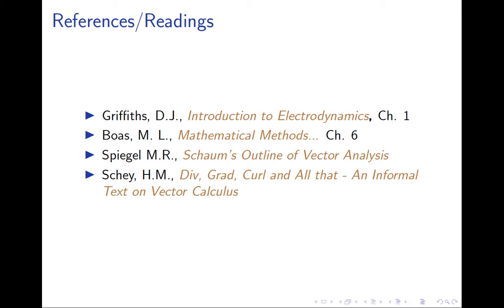As most of you know, analysis is just another word for calculus. So vector calculus, you have a lot of different problems. You can practice them from Spiegel's book. It's a nice book in the sense that it takes you through the subject by means of solving problems. And then the fourth one, I actually haven't read it, to be honest. This was suggested by Griffiths in his book.